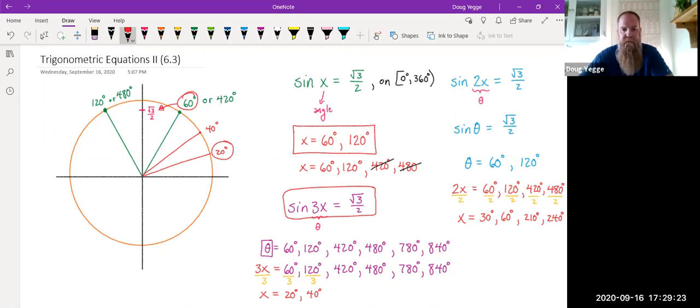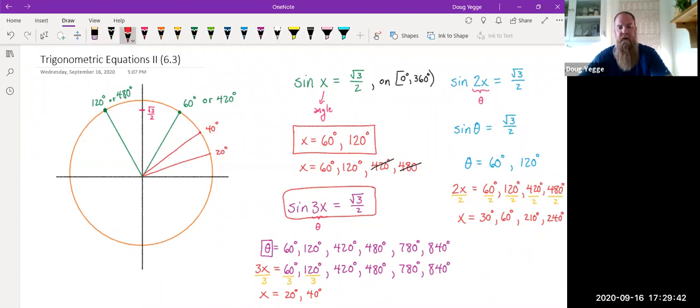If I plug in 40 degrees, now and multiply it by 3, I get 120 degrees, which means that at this point, 120, I'm back to the same ratio again.